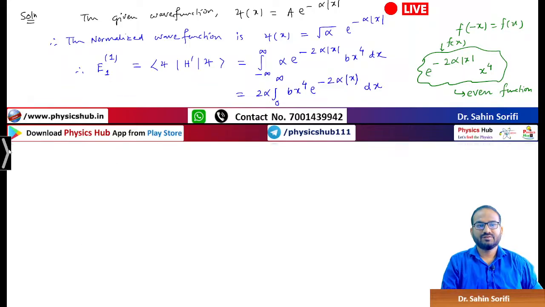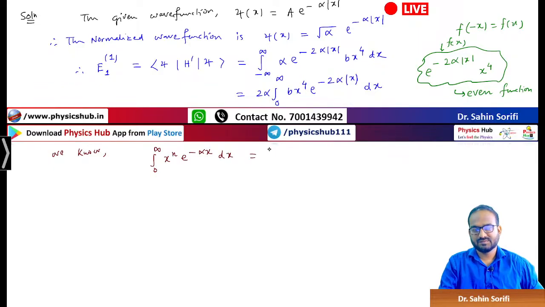Now you know the standard formula: the integral from 0 to infinity of x to the power n e to the power minus alpha x dx is nothing but n factorial divided by alpha to the power n plus 1.